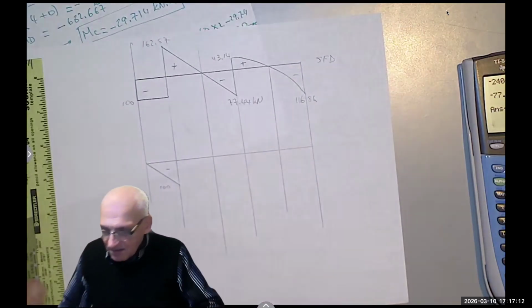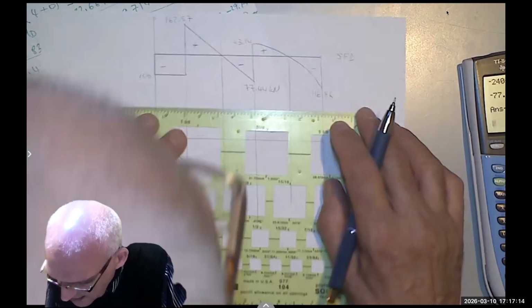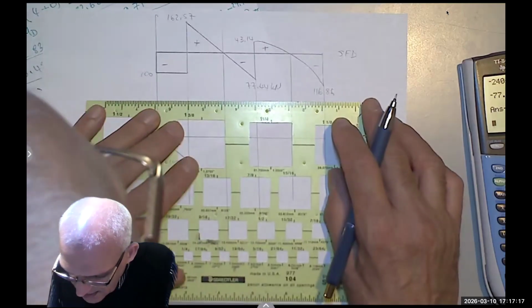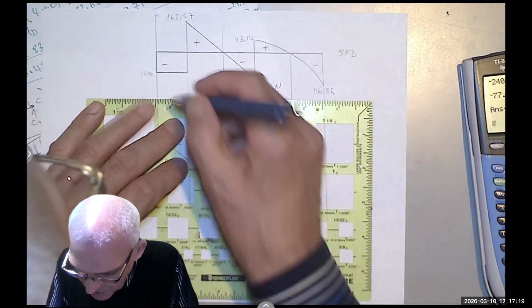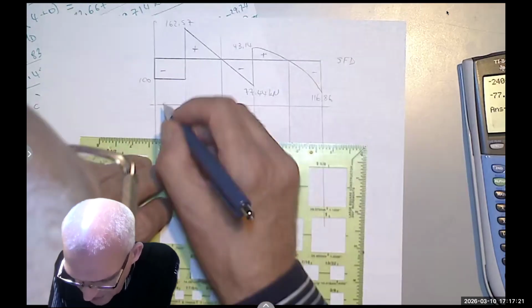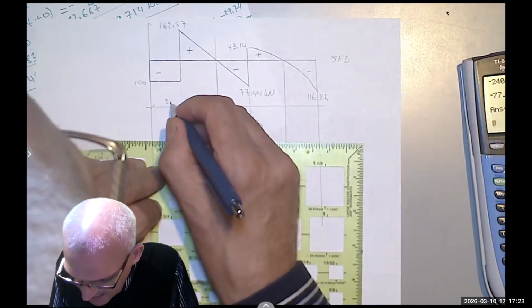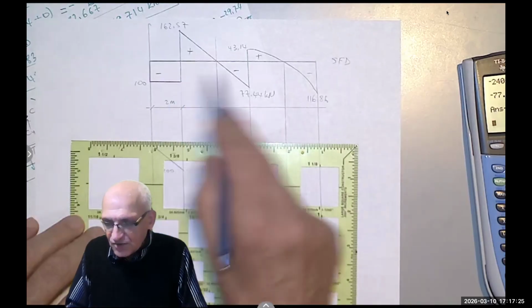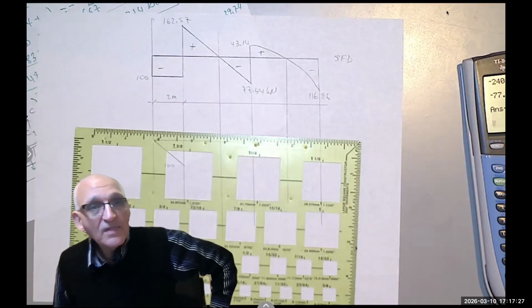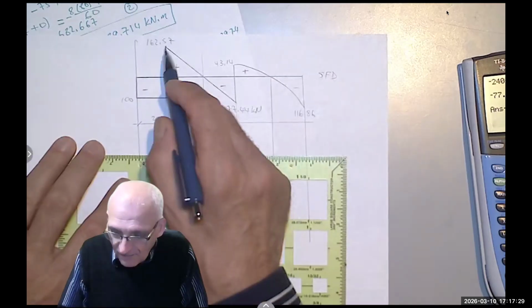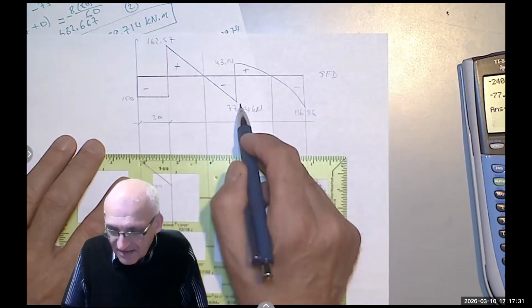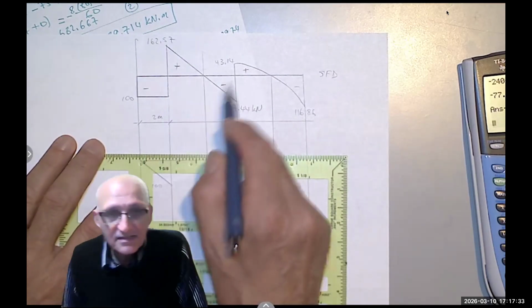And then you would say, okay, how do I find this area? I don't know the base. I will show you how easily you can find that. I know that this total distance is 4. And the ratio of this to that is the same as the ratio of this to that.